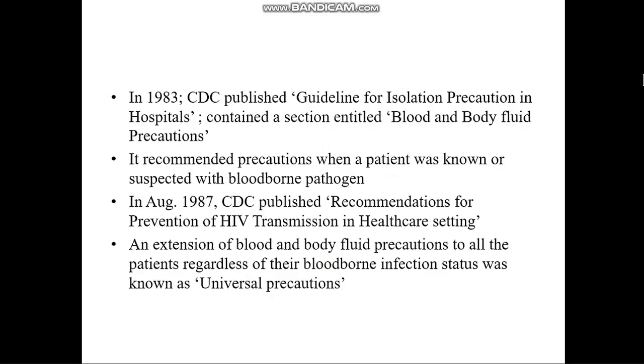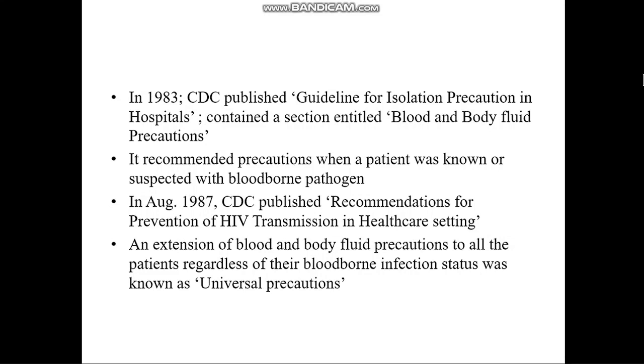Talking about the history of standard precautions, in 1983, CDC published Guideline for Isolation Precaution in the Hospitals that contained a section called Blood and Body Fluid Precautions. It recommended precautions when a patient was known or suspected to have bloodborne pathogens.